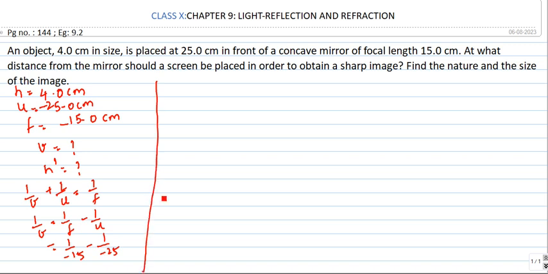So what do we have? We have the LCM to be 75.